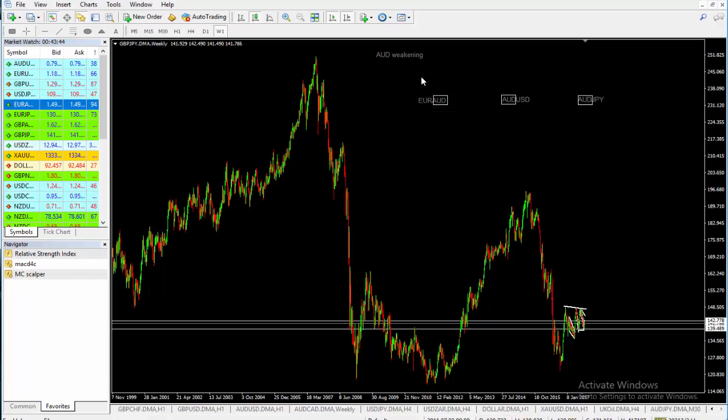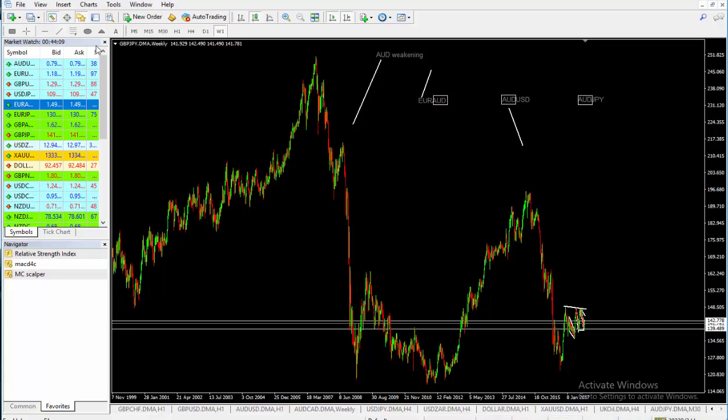We have to buy it. Why? Because AUD is losing strength, meaning it's going down. So Euro as our base currency against the AUD, we must buy it, because the Euro is gaining strength. And on the next one, AUD USD, we are saying that AUD is losing strength, so we will need to sell it.